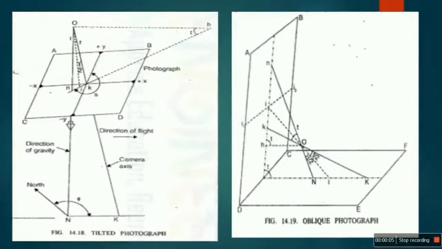One more definition, that is swing. Swing is the angle measured in the plane of the photograph from the positive y-axis in the clockwise direction to the nadir line. Here, this is our photograph plane.